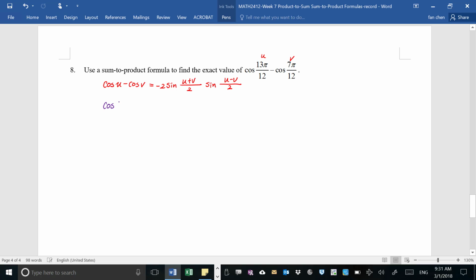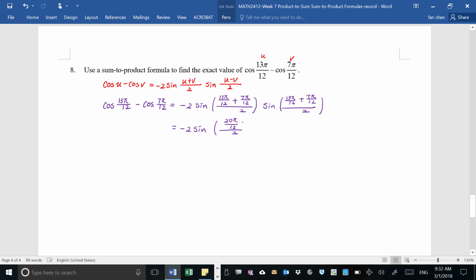Therefore, cosine 13 pi 12 minus cosine 7 pi 12 is equal to negative 2 sine of 13 pi 12 plus 7 pi 12 divided by 2, and sine of 13 pi 12 plus 7 pi 12 over 2. And that equals negative sine of 20 pi over 12 over 2, and sine.